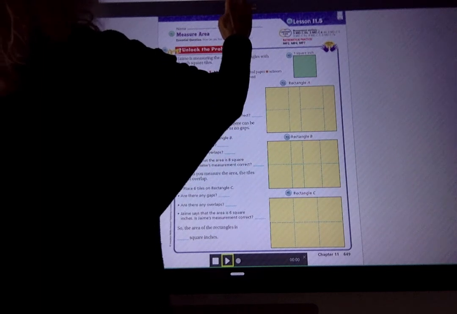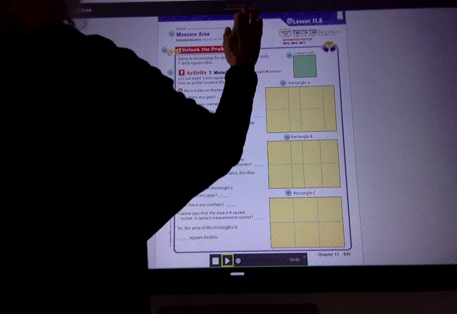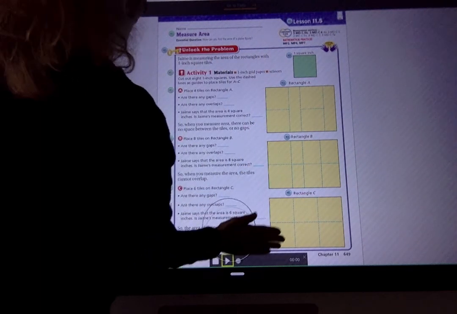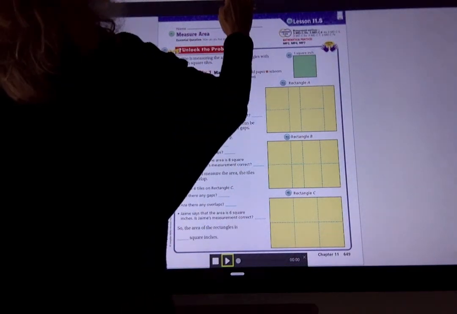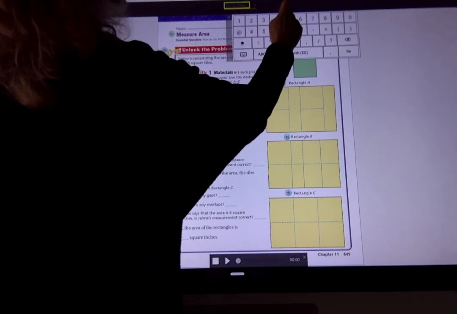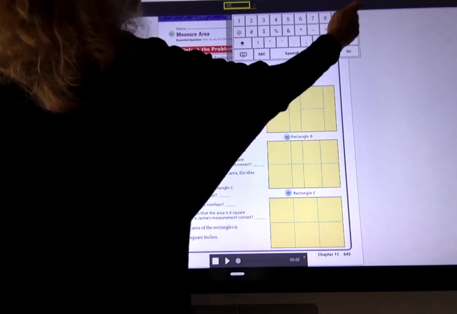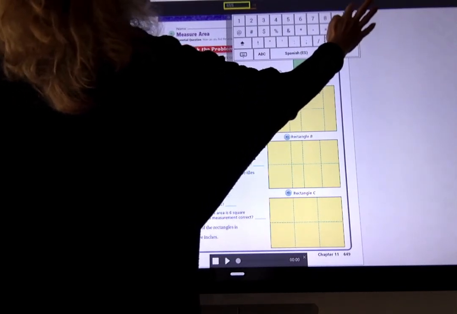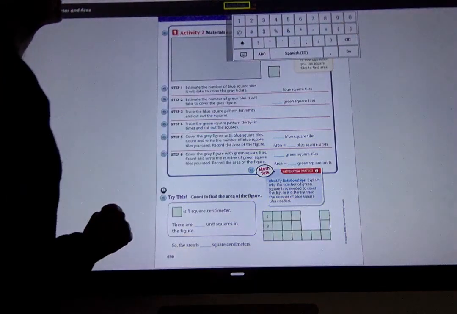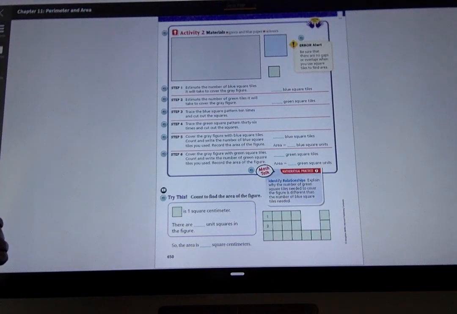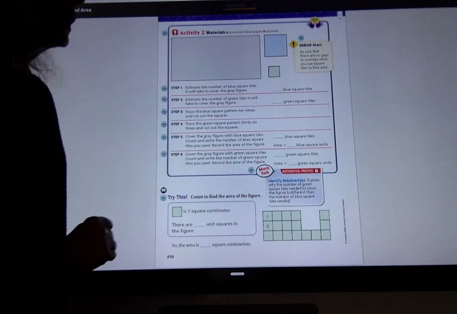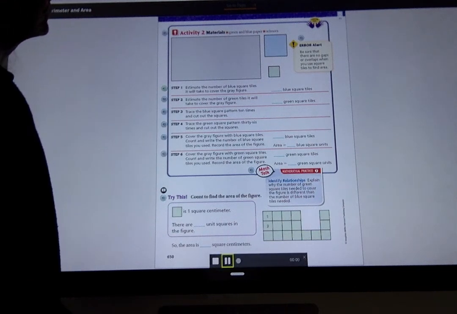Page 650. Step 1. Estimate the number of blue square tiles it will take to cover the gray figure.